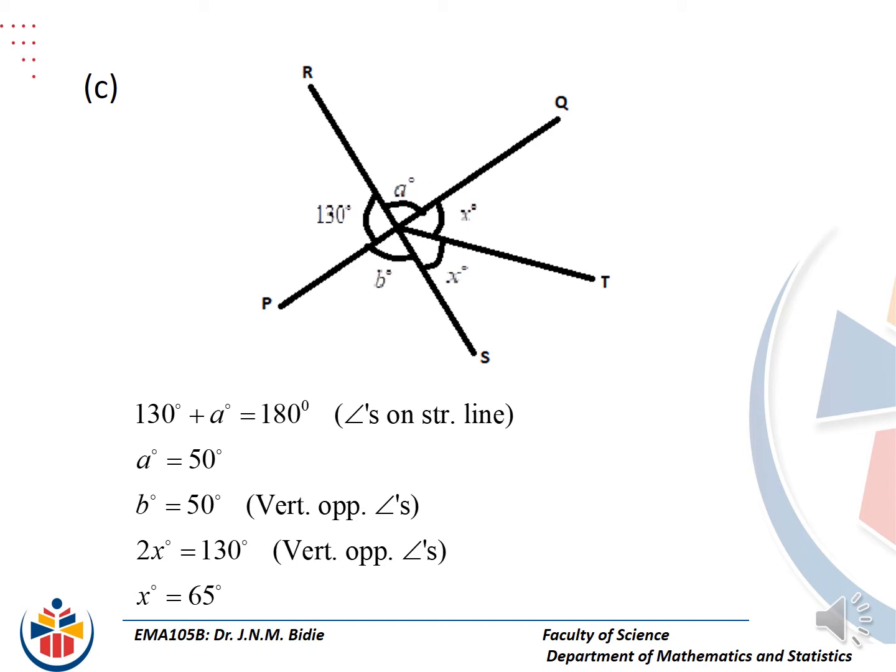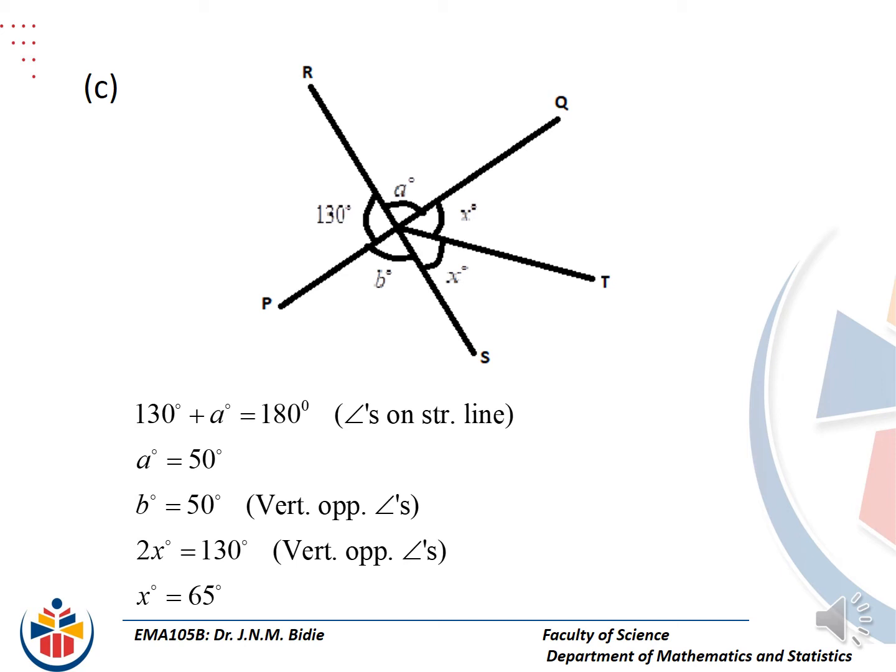And then again we use vertically opposite angles, or we could use angles on a straight line, noting that if we use RS as the straight line, then it would mean A plus 2x are equal to 180 degrees, and we had said A is 50, so we will have 50 plus 2x equal to 180, so that means 2x will be equal to 130 degrees, and therefore x equal to 65.